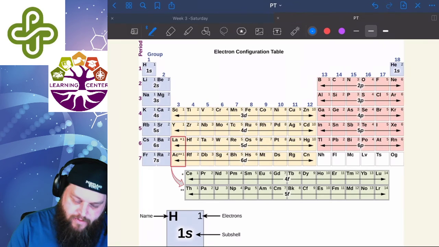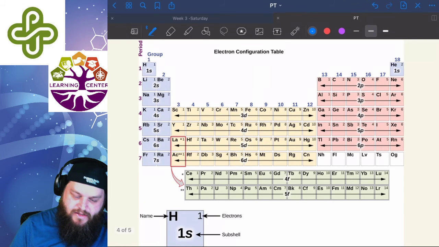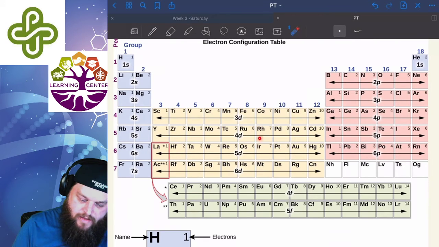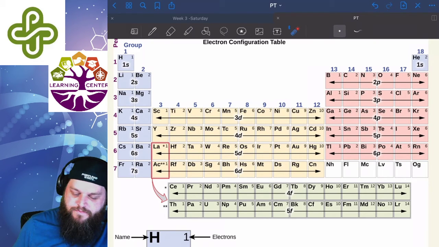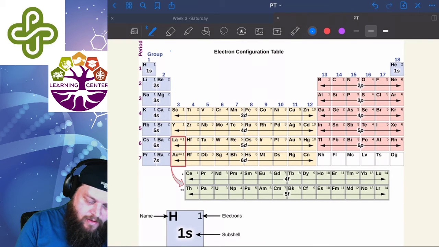So if we switch over to our periodic table, we can see the L group determines whether it's going to be in the D block, the S block, the P block, and so on. So everything over here in the S block, that's L equals 0.